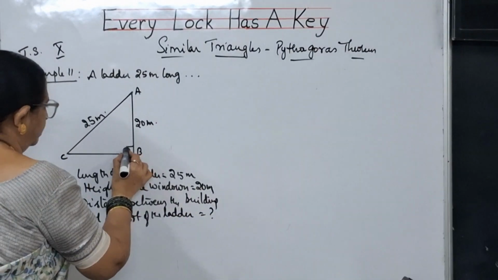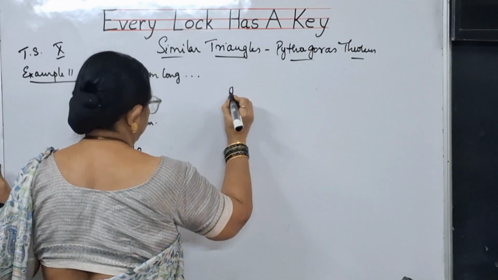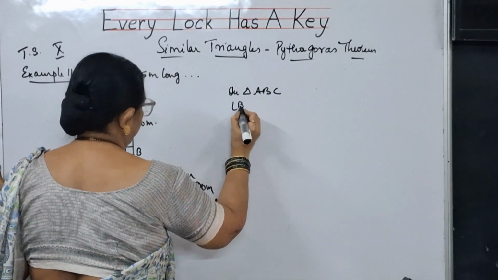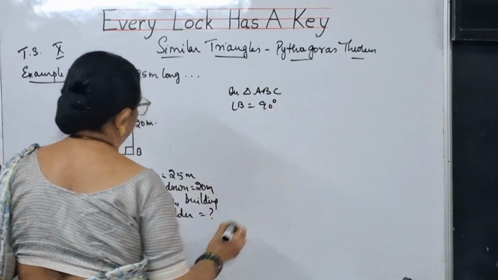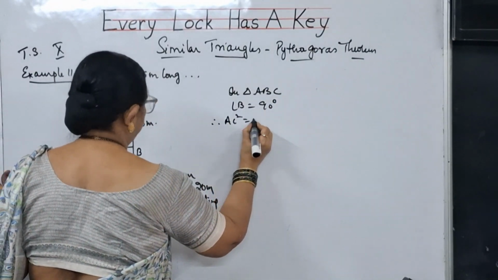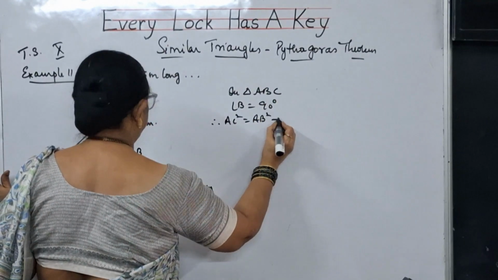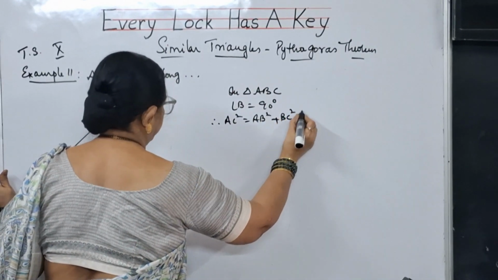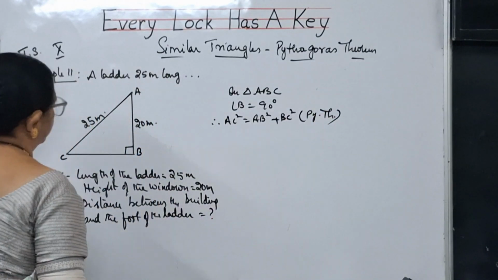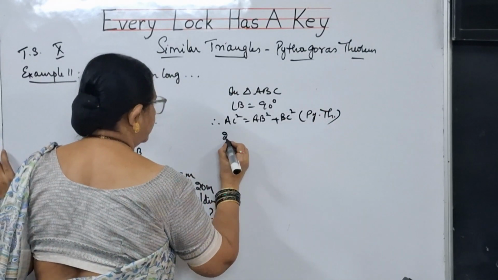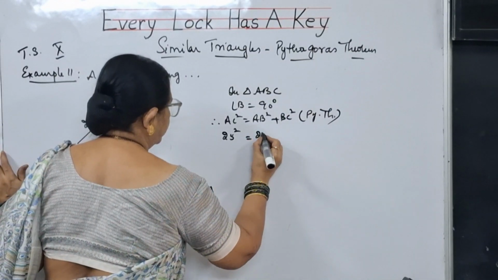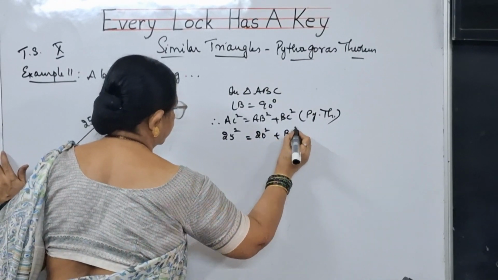Now, you say, children, this is 90 degrees. In triangle ABC, angle B is 90 degrees. Therefore, AC square is equal to AB square plus BC square, basing on the Pythagorean theorem. What is AC? 25 square is equal to AB, 20 square, plus BC square.